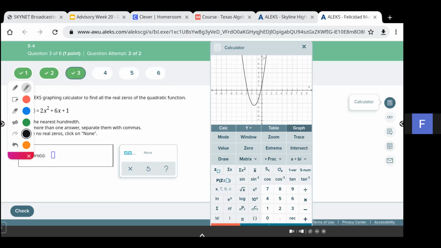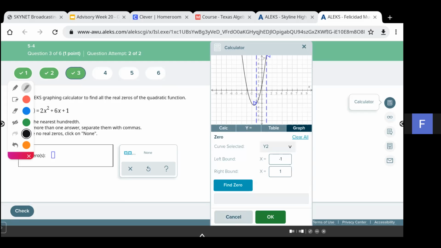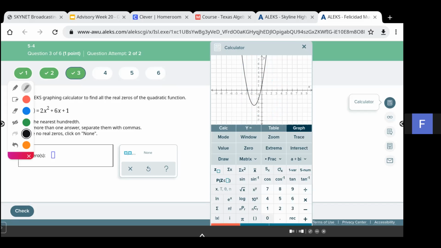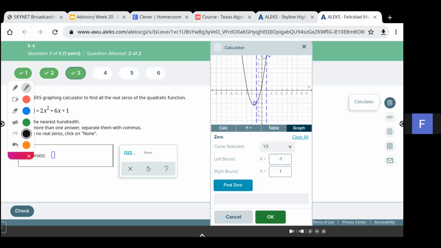So here is 2x squared plus 6x plus 1. I'm going to press the 0 button. And you can go ahead and move these to what you want the calculator to check. And it's going to give you one at a time. So I'm going to hit find 0.